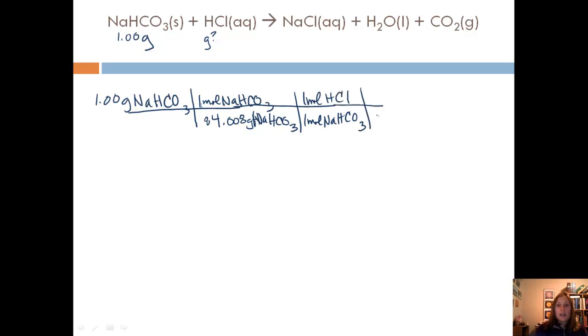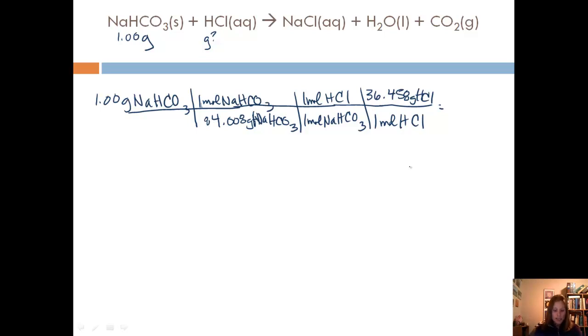And the last thing we need is grams of hydrochloric acid. So for every 1 mole of hydrochloric acid, I need the molar mass. So I have my 1.008 from hydrogen plus my 35.45 from chlorine, and that is 36.458 grams. Okay, so I've used molar mass of sodium bicarbonate, molar ratio, molar mass of hydrochloric acid.